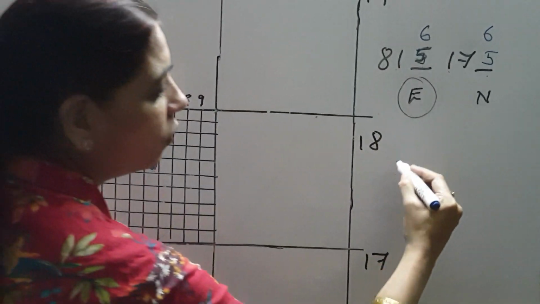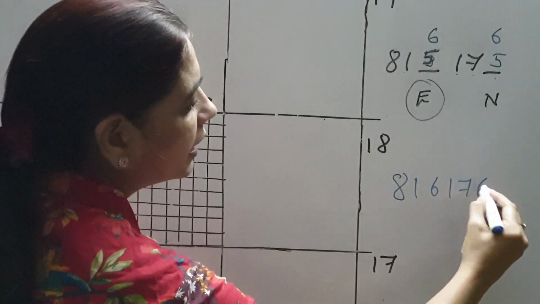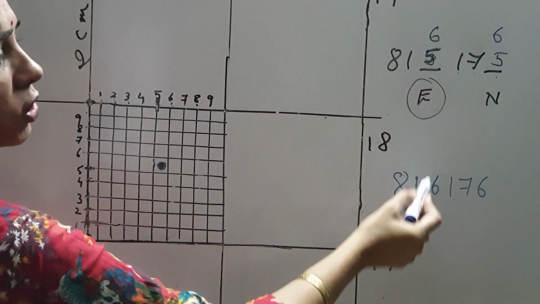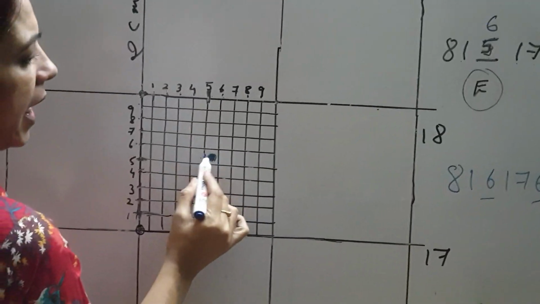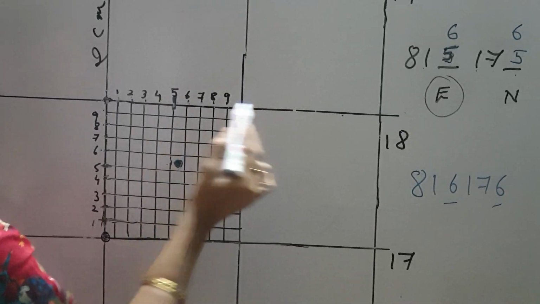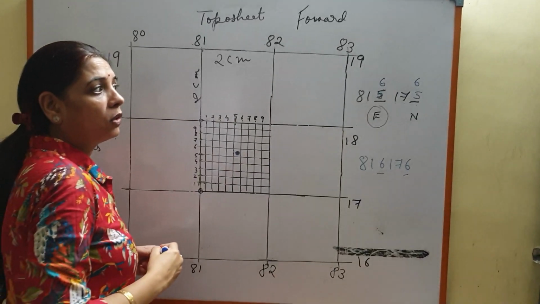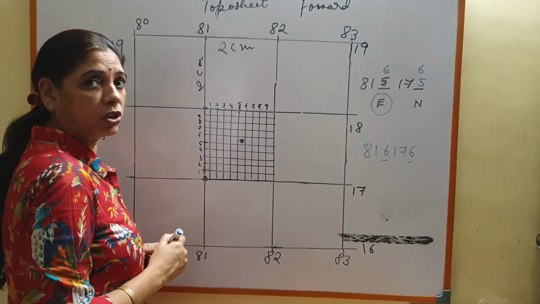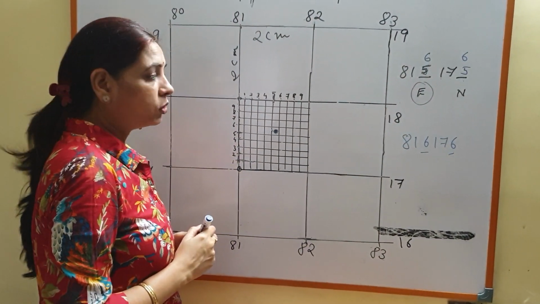And the second answer will be 8, 1, 6, 1, 7, 6. So 2 answers you will give. In between which 2 divisions it lies, you will write both the answers. It will depend on the council whichever answer we take as consideration, but it's better you give 2 answers. Okay. So is this clear?